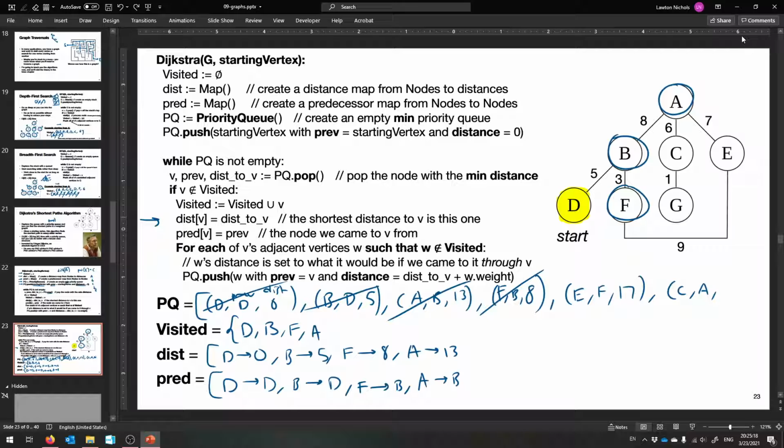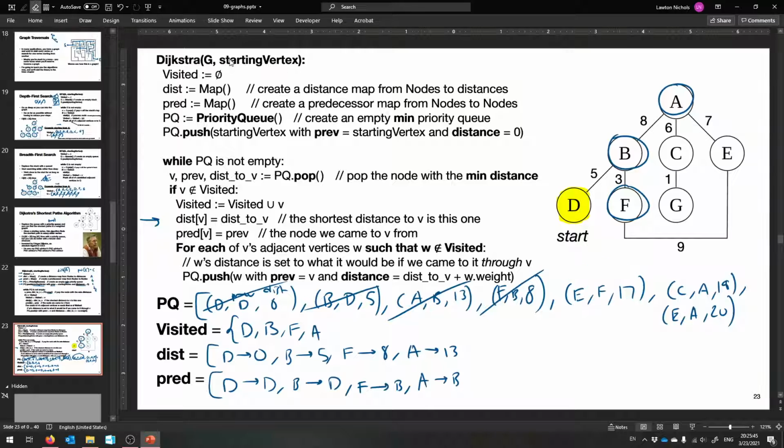That was 13 plus 6 is 19, sorry, for C. Then the E coming from A, its distance is the 13 plus the 7, which is 20. So notice that we have two contenders for the shortest path to E. We're not sure which one to take yet, but the priority queue will tell us. Okay, this is 19. Okay, hopefully this is making some sense.